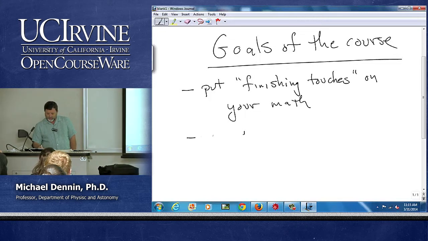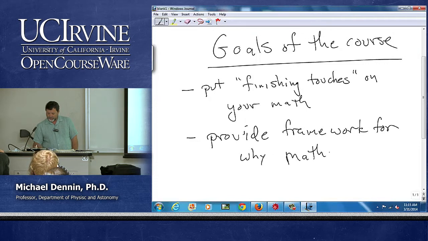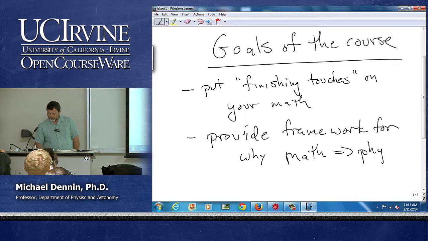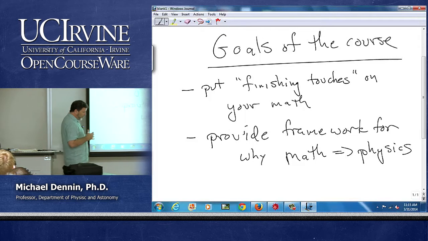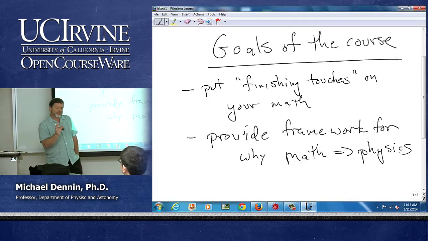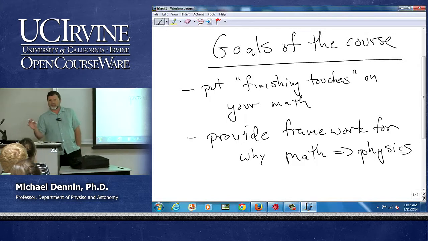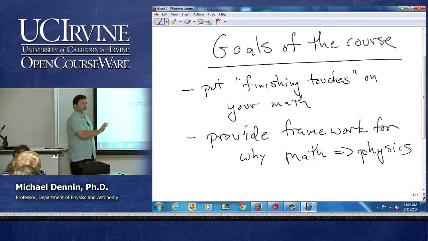And right in that is really to provide a framework for why the math you learned we're going to use in physics. I try very hard, so in this regard, there will be a big difference, most of the time, between what I am doing in lecture and what is in the Boas reading.